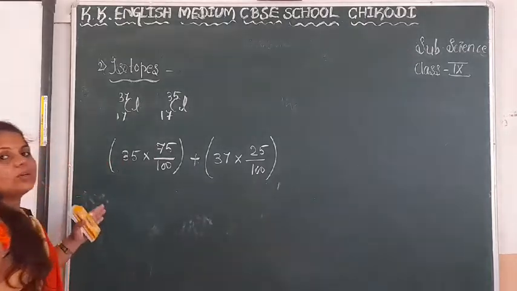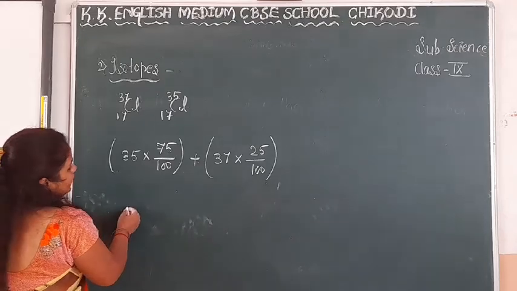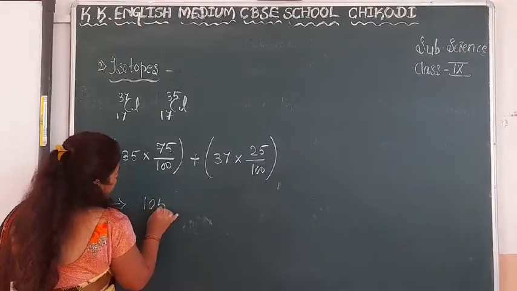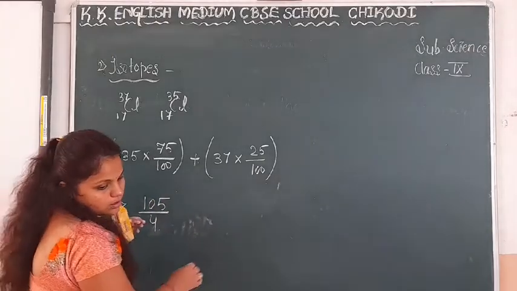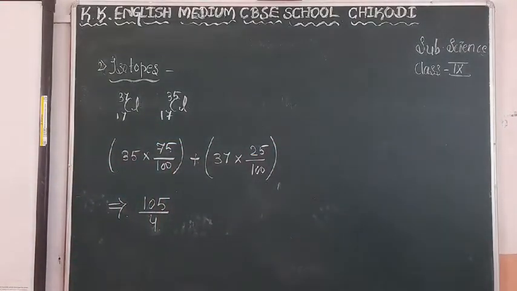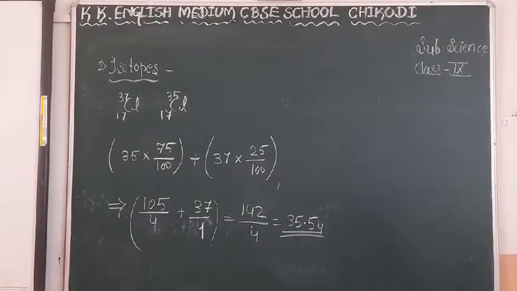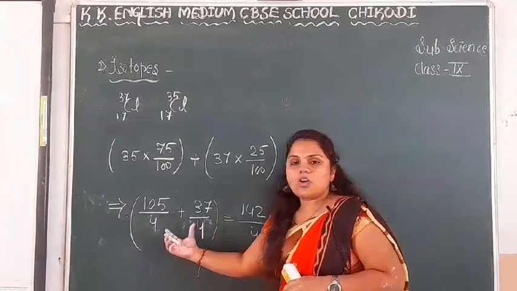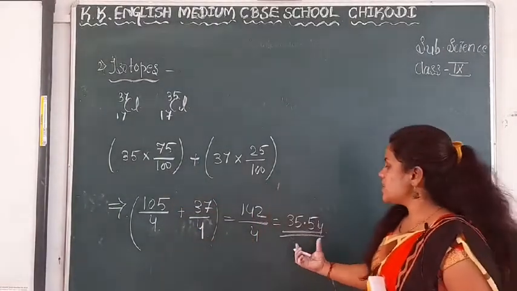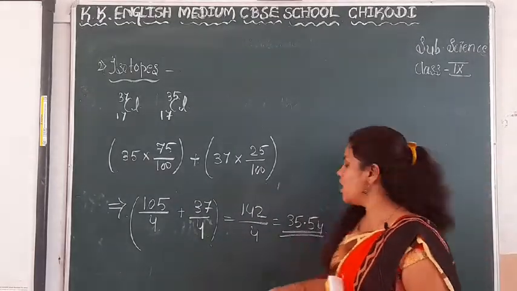Okay, if we solve this, the answer is almost 105 by 4. So if you solve this equation, you will get 35.5 unit. Okay, this is the atomic mass of the chlorine.